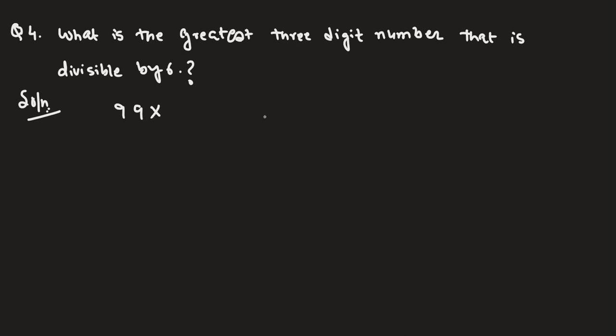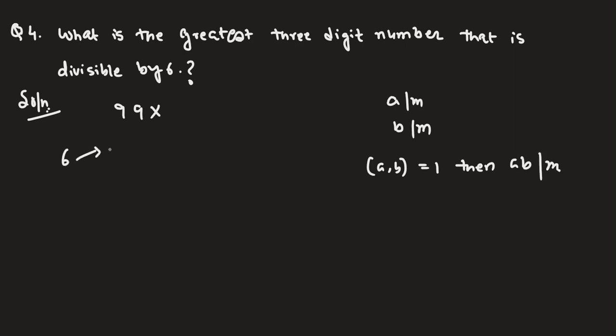So now since the number is divisible by 6, we know one theorem is there: if a divides m and b divides m and GCD of a, b is 1, then the product ab must divide m. So since 6 we can write as the product of 2 and 3, where their GCD is 1, this implies that 2 divides that number.